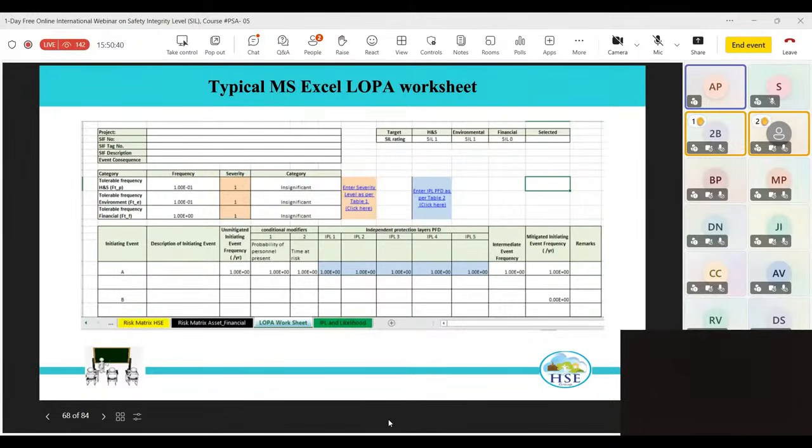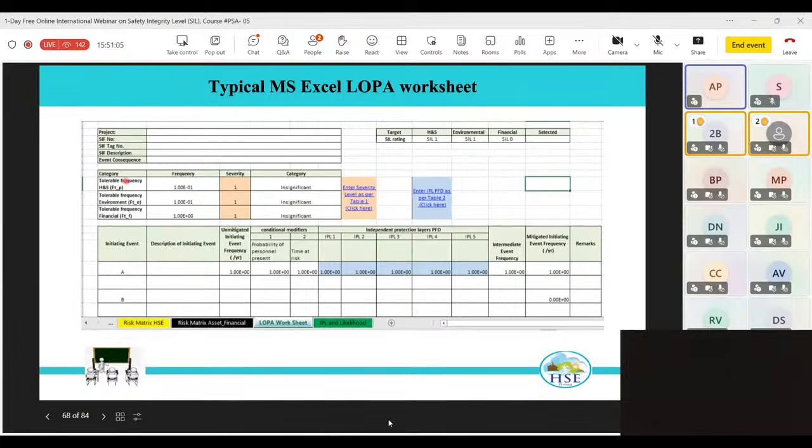So accordingly, we need to put down the tolerable frequencies, which are of three types: health and safety, environment, and finance or asset.